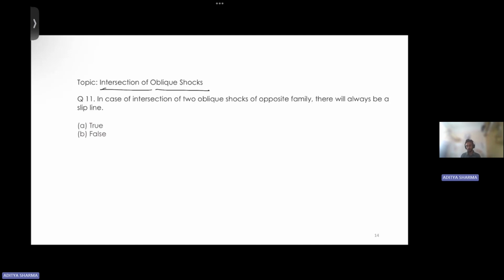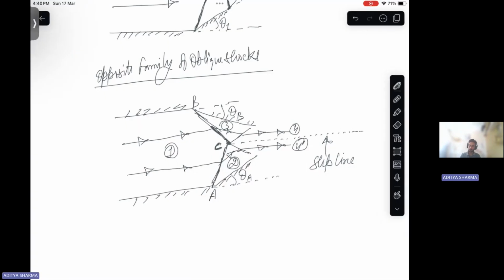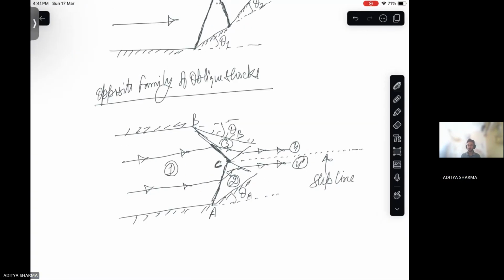I have discussed that we call such oblique shocks of opposite family when there are deflections in opposite directions, as is the case with this particular diagram.